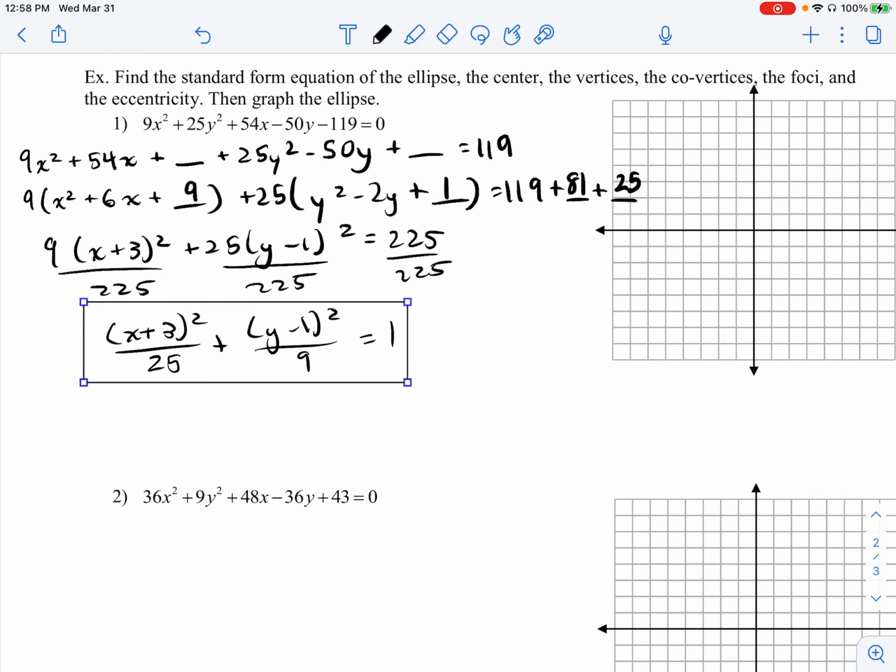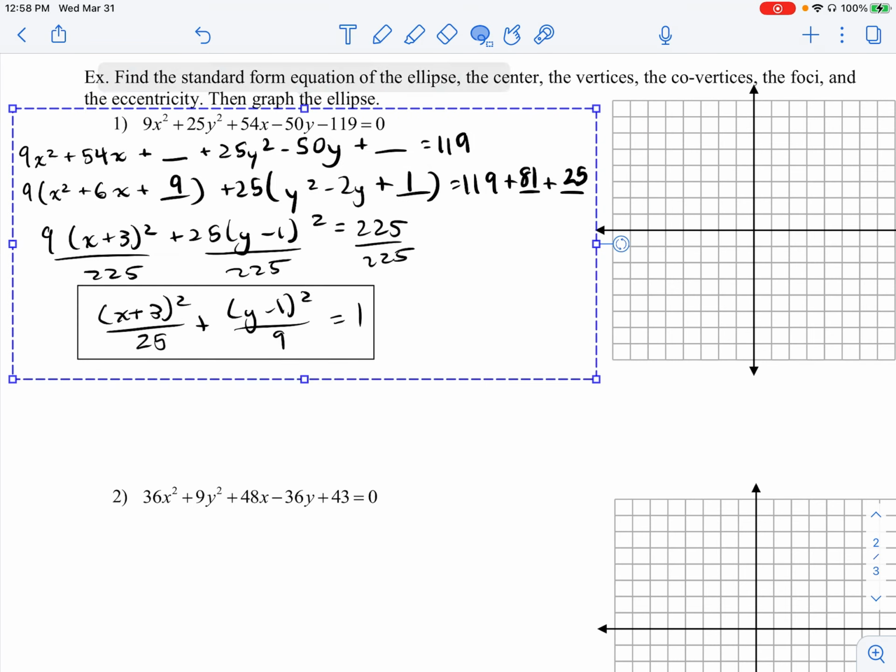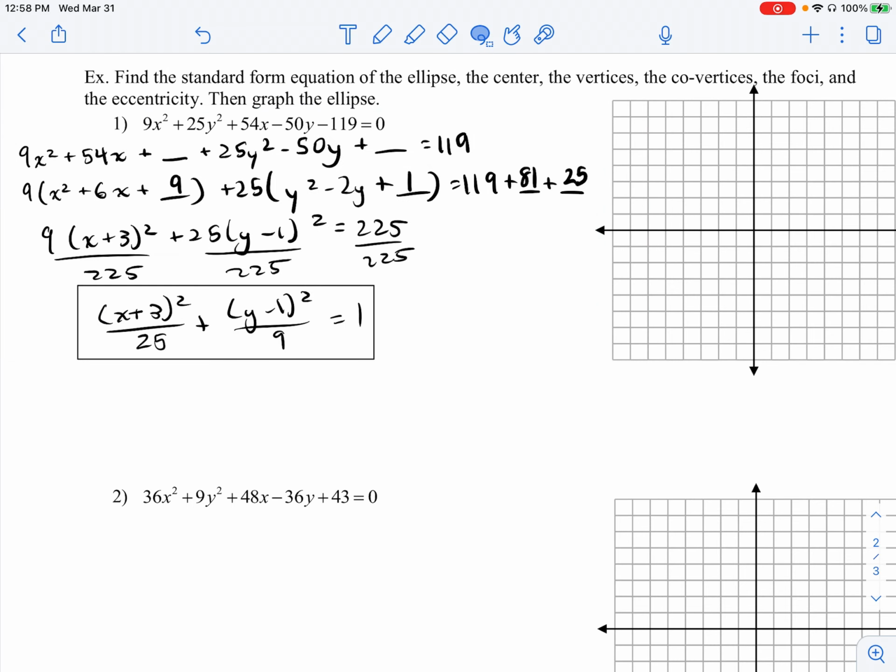Now, again, the primary purpose of this is so that we can easily identify some of our key information. So pause the video right now and try to write down everything that you know just by looking at this standard form equation. Well, hopefully you said that you know that the center is at negative 3, positive 1.